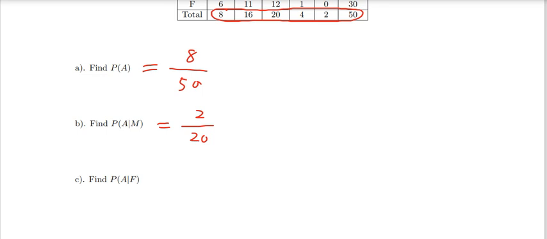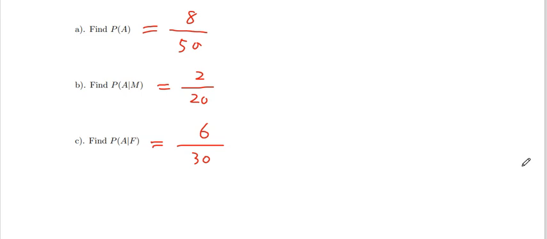And we also can consider, so totally we have 30 female. Here we denote F as female, not grade F. Okay, female. And among them, how many got A? 6. So from here, we find the probability of getting A. This is for all students.